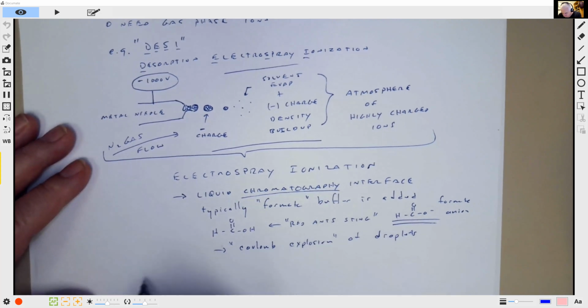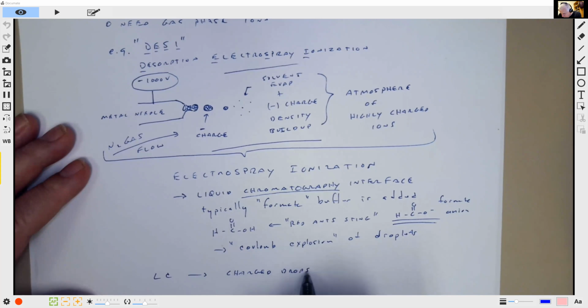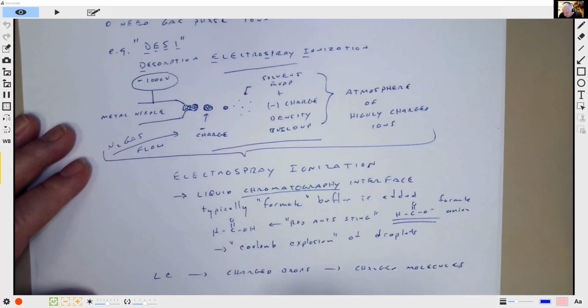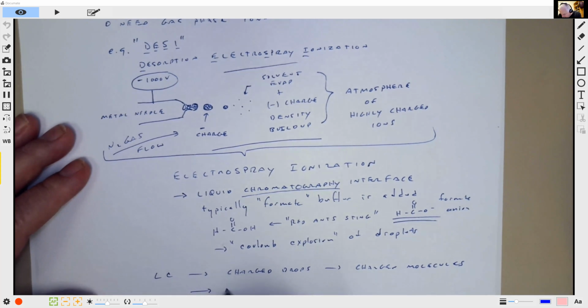So then basically you've got LC, and then you've got charged droplets, and then you've got charged molecules, and then the charged molecules, they go into vacuum. They're mass analyzed and then quantified.